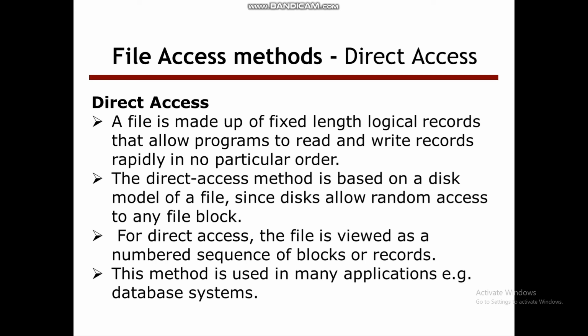This is based on the disk model of a file, because disks allow random access to any file block. Direct access files allow arbitrary blocks to be read or written. The file is viewed as a numbered sequence of blocks or records.